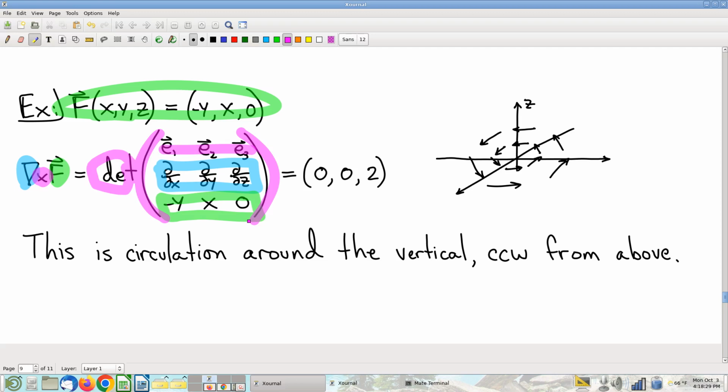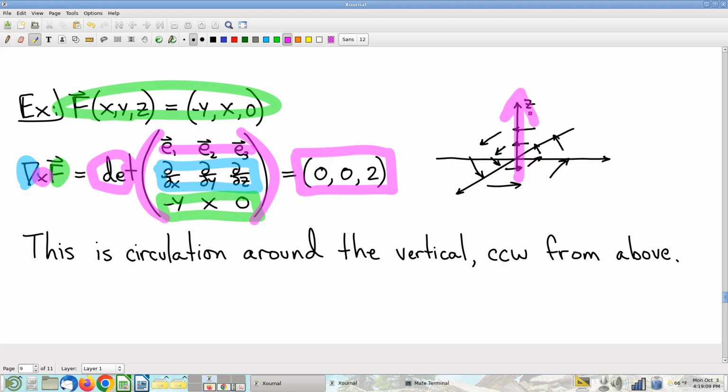Now I've skipped all the algebra, but remember you go across the top and there's a whole process for doing that cross product, and you'll find yourselves taking the z partial of x and the x partial of 0 and the various different partials that you'll be taking as a result of that. And when you add it all up, what you'll find is that the curl is this vector 0, 0, 2, which, as promised, indicates the axis that fluid is rotating around.